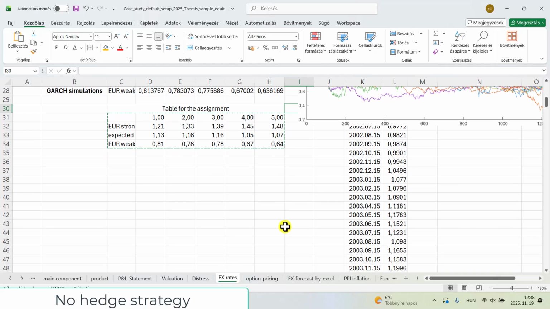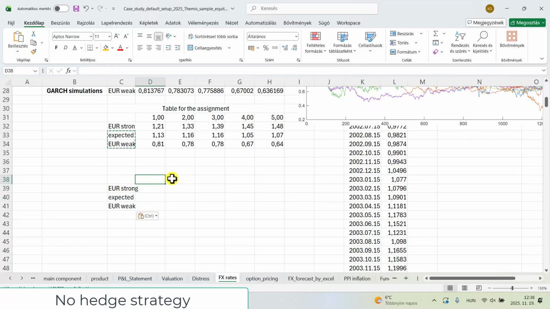First of all, what we need here is this euro strong extreme. Well, practically these three.